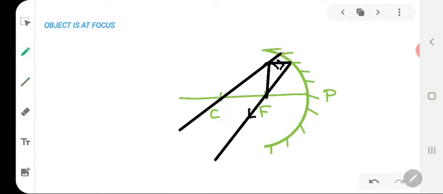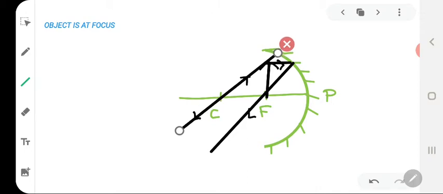Now we all know that a ray of light which is passing through the center of curvature simply retraces its path. So we can see that these two rays of light are actually traveling parallel to each other, and so they will never intersect, but it is assumed that these two rays will meet at infinity.